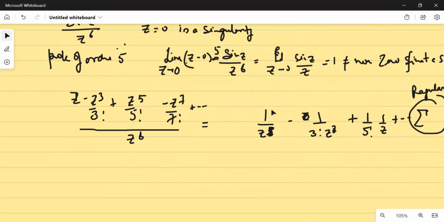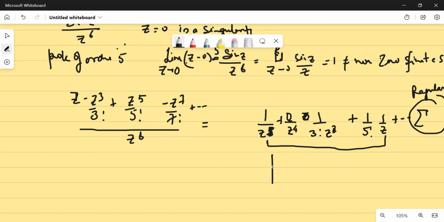Like if you say here I do not have 1 upon z raised to power 4, you do have it, the only thing is that the coefficient is 0. So overall, there are 5 terms, so this will be a pole of order 5. The principal part of your Laurent series expansion contains 4 terms.